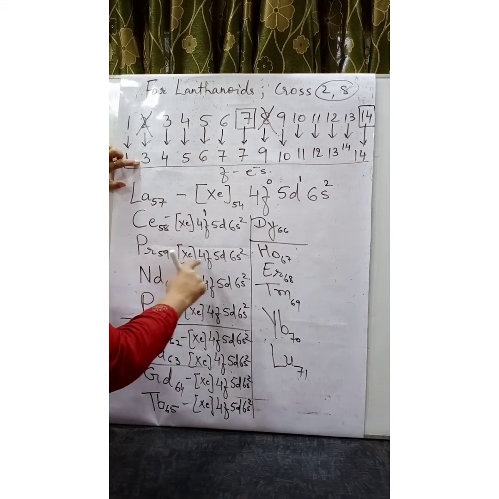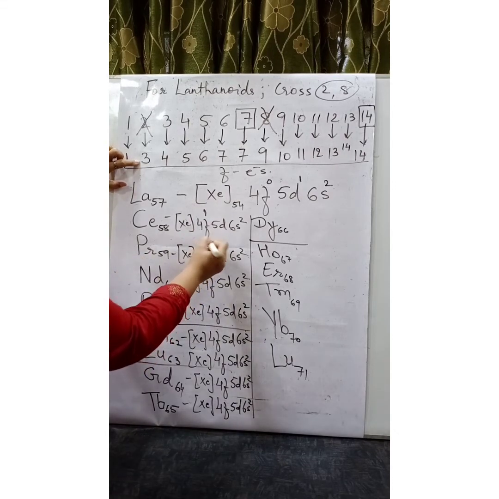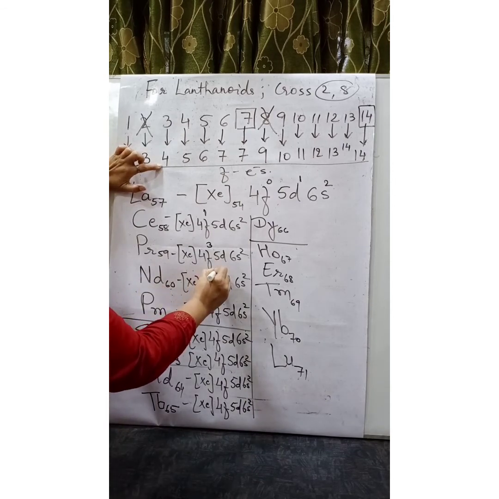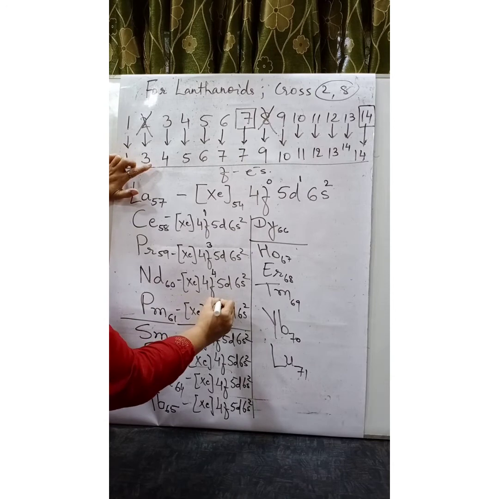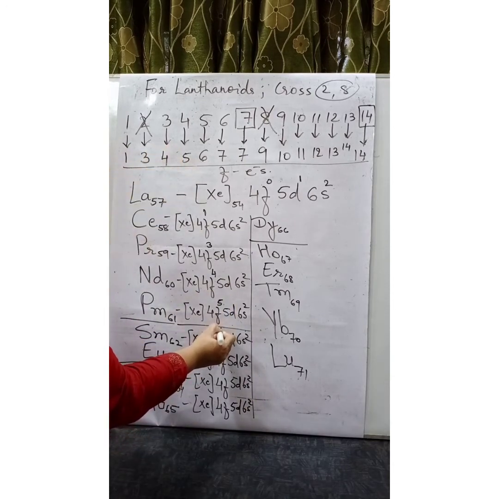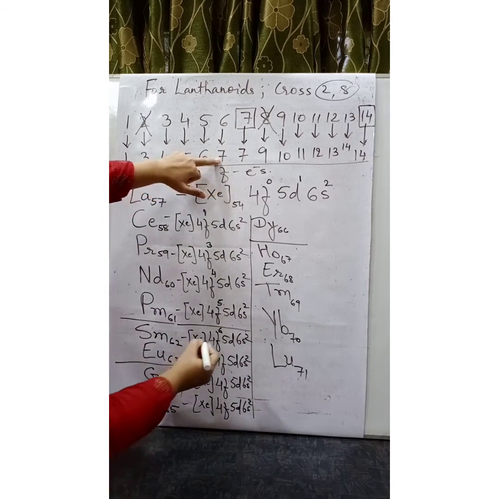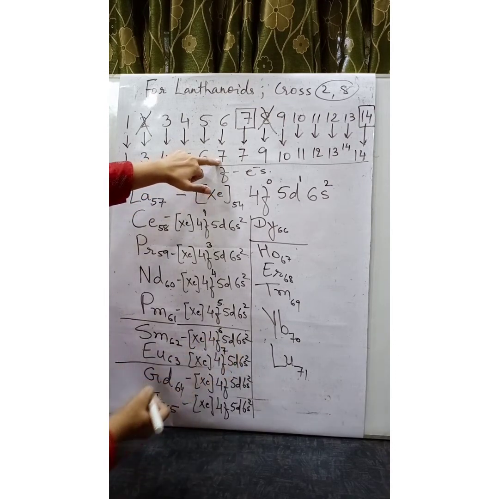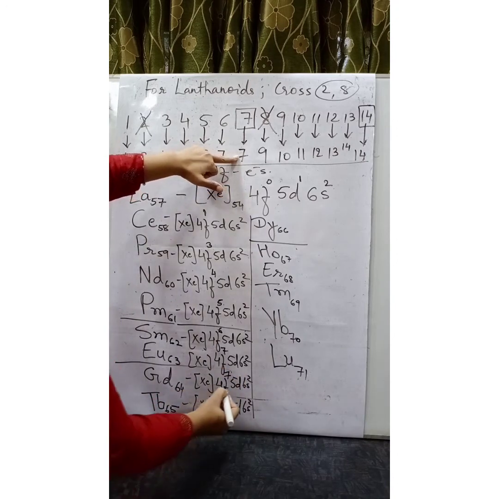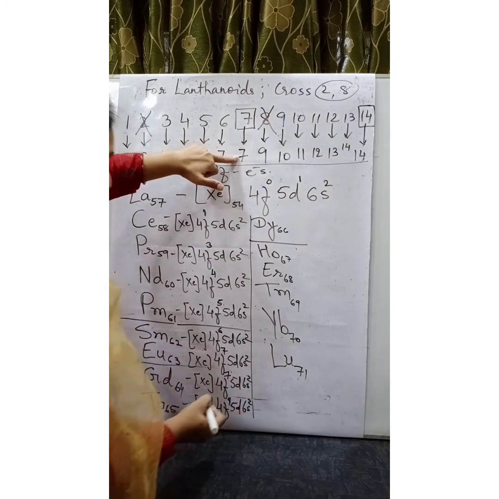Next element, 3 is going to come here. Next element is neodymium. 4 will come here. Next element, 5 will come here. Next element, 6 will come here. Then 7 is going to come here. Then again 7 is going to come here. Then 9 will come here in 4f.